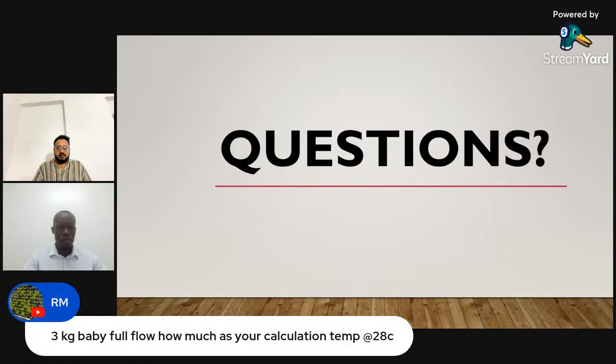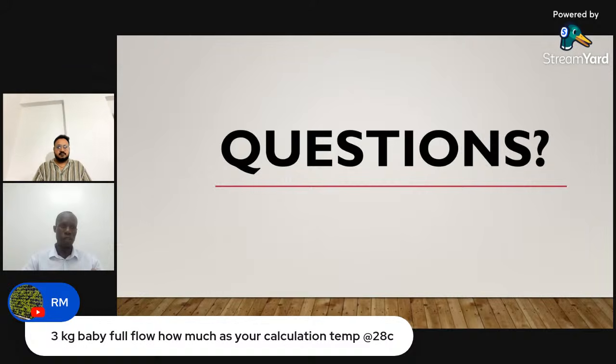So we have one more question. A 3 kg baby, full flow. How much is your calculation if the temperature is at 28? So remember, when you are cooling, there's reduced metabolism.